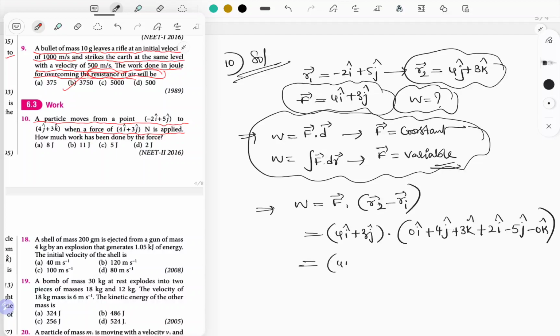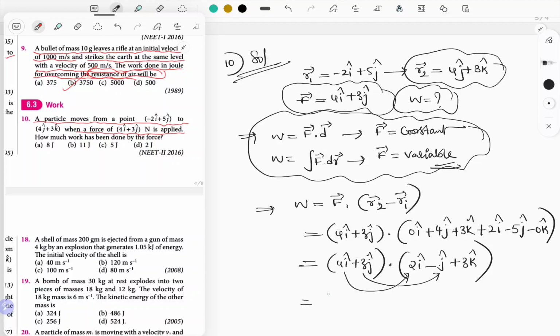So it's going to be 4i cap plus 3j cap dot 2i cap plus 4j cap minus 5j cap minus j cap plus 3k cap, and in the dot product of these two, i cap and j cap are multiplied.